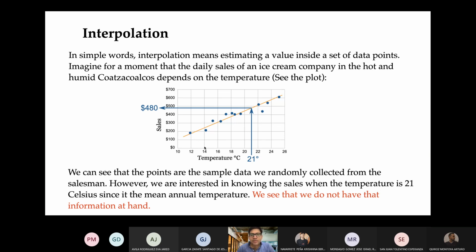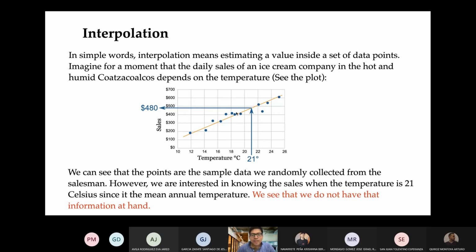Then he recorded at almost 14 degrees, and he had a little bit more. He started to record every day with respect to the mean temperature of the day. On very hot days, he got even 600 pesos per day.